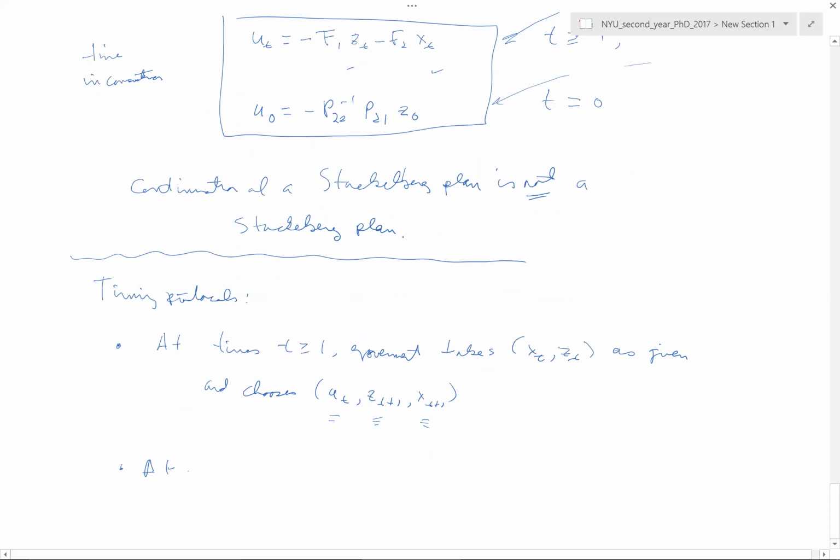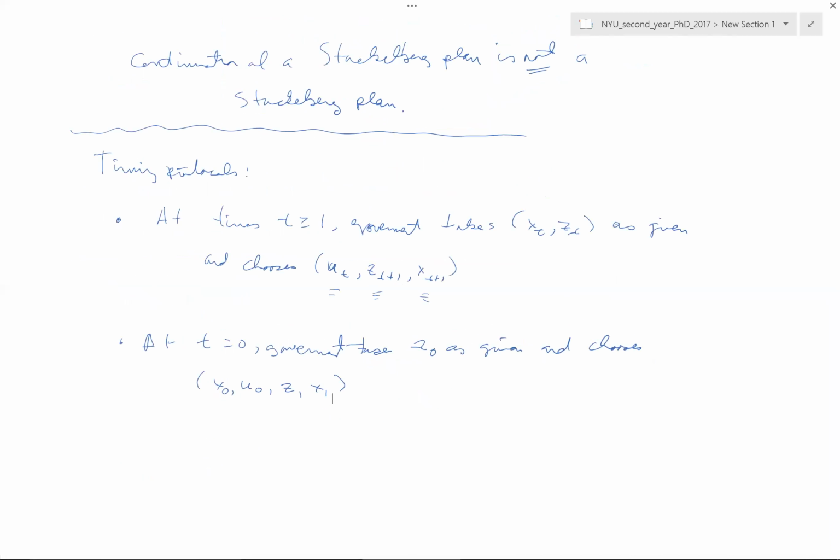At t equals 0, the government just takes z0 as given and chooses x0, u0, z1, and x1 is given. So it's choosing different things. In particular, at time t equals 0, it's choosing something which in future periods it takes as given.